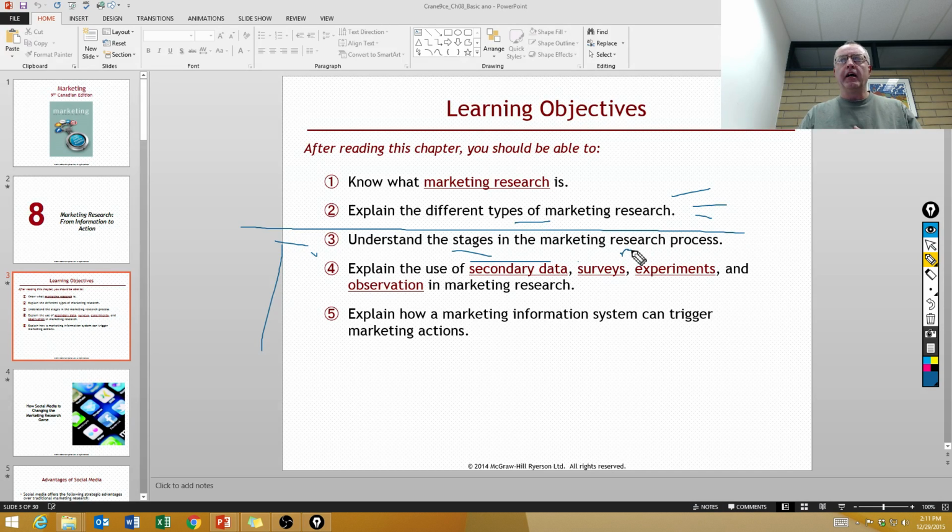And primary data, we might collect from surveys, through experiments, or through observational methods of research. And then at the end, we look at how some automated marketing information systems can lead to information that causes us to take decisions and take marketing actions.